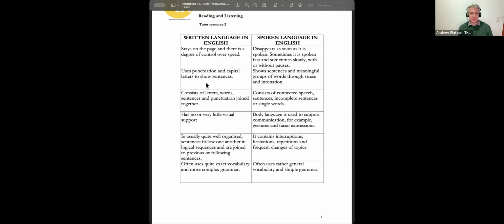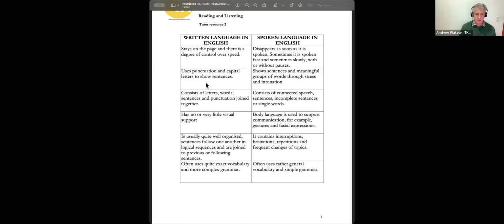Written language in English. It's clear what the sentences are because they have punctuation if it's written well, and those indicate where the sentences are, the capital letters. Now, in spoken English, we use stress and intonation to indicate boundaries between sentences.